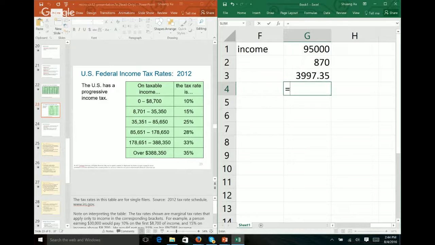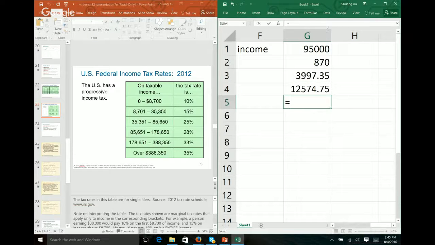And then next, from 85,650 to 35,351, I'm going to pay a 25% tax.